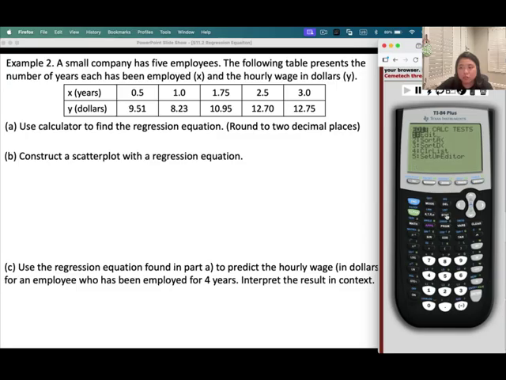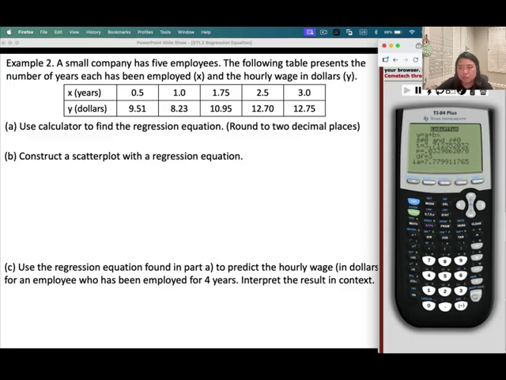Go to the stat, go to the test, go up to find the linear regression t-test. Enter. My data is gonna be on L1 and then L2. Choose not equal to. For the regression equation, we're gonna click on vars, go to y vars, choose number 1 function, and then there should be nothing in here, okay? And then we're gonna choose y1. Go calculate.